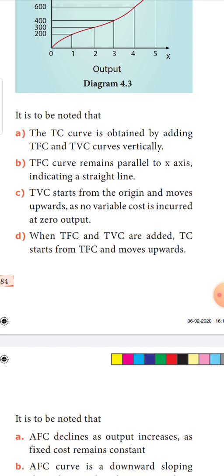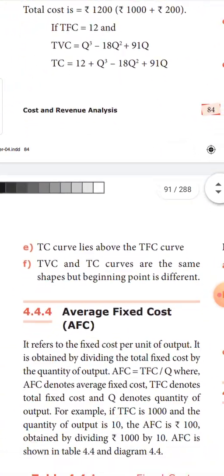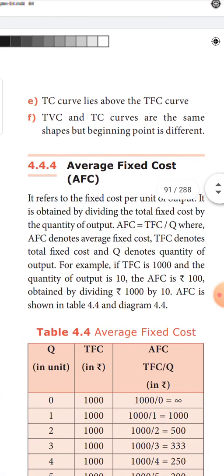You get total cost. Total cost curve, where does it start from? It starts from the TFC point and then it moves upwards. And then next point, TC curve lies above the TFC curve and TVC curve because it is a summation of that. TVC curve and TC curve have the same shape, but they both begin at different points. This is the difference between the TVC and TC curve.